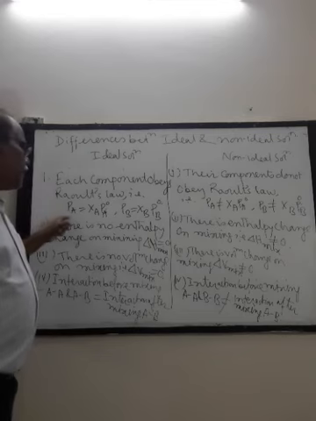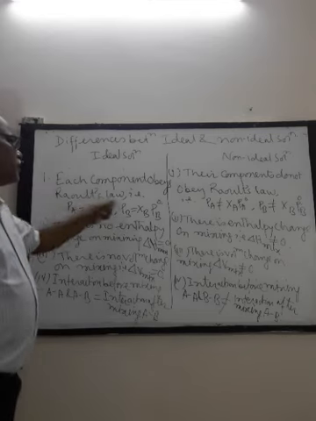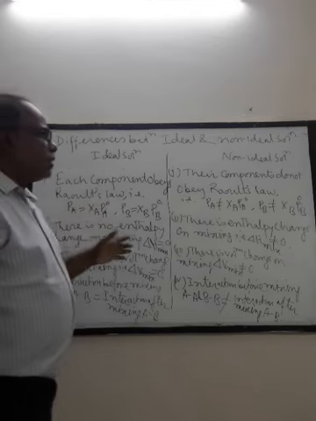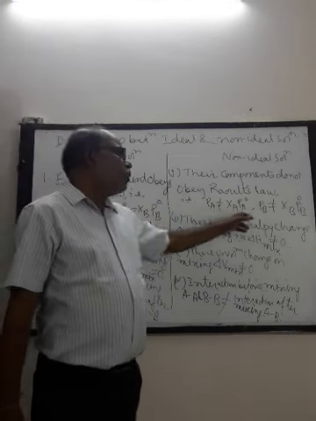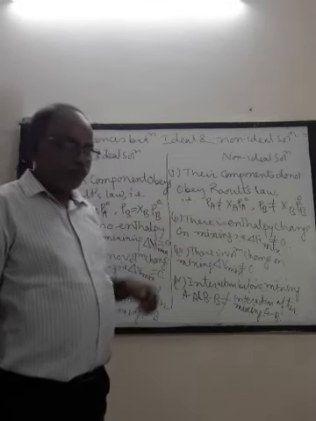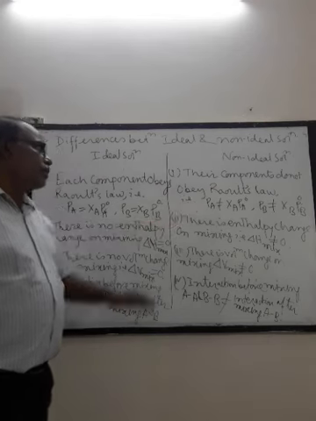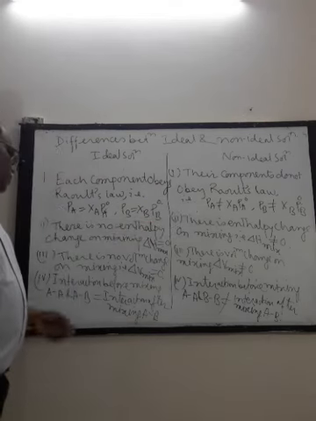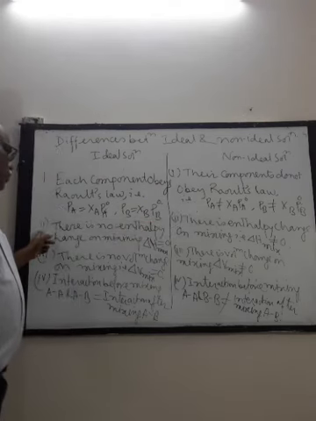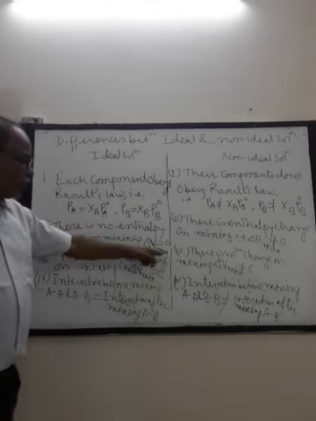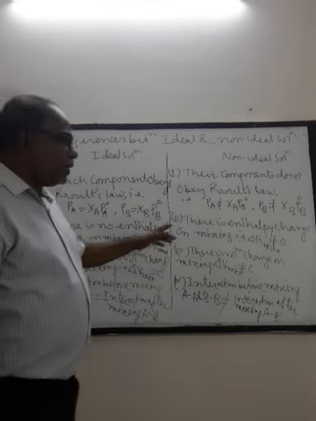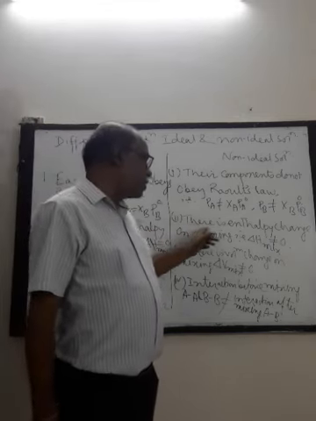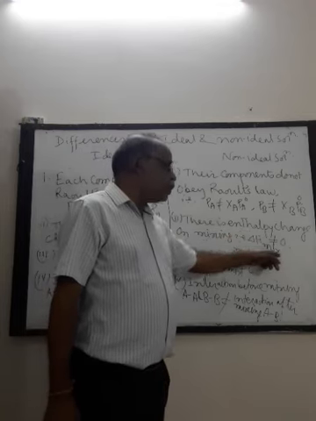First point, each component obeys Raoult's law. Second, none of them obeys Raoult's law, or do not obey Raoult's law. In case of ideal solution, there is no enthalpy change on mixing. In case of non-ideal solution, there is enthalpy change on mixing.